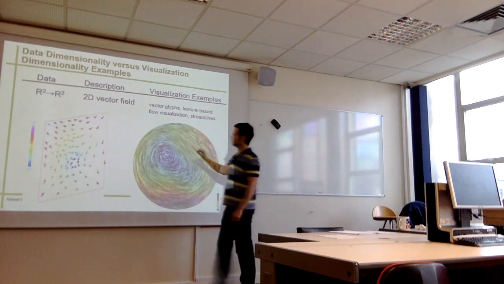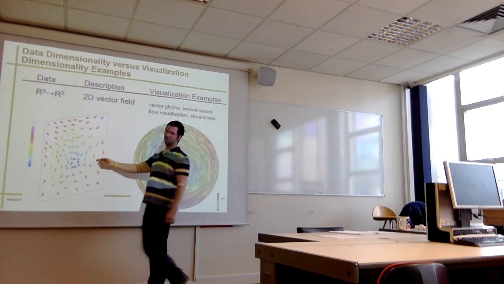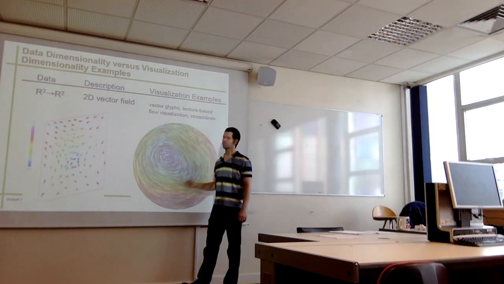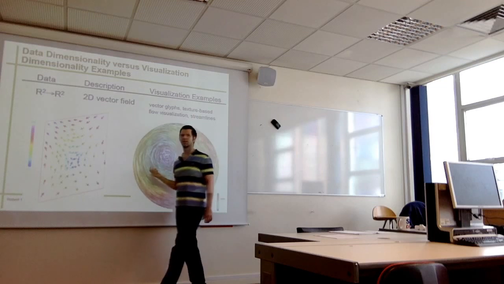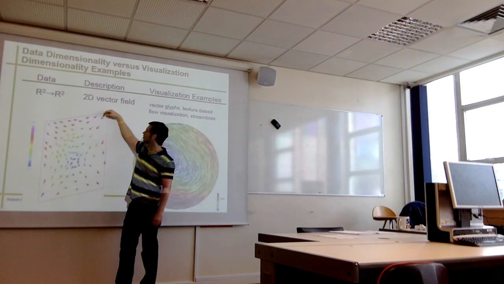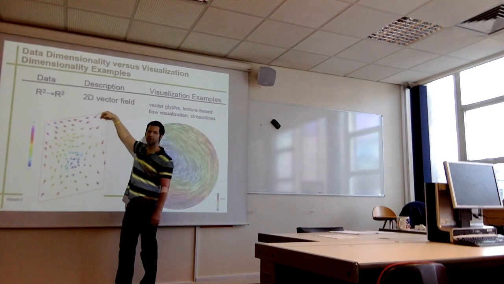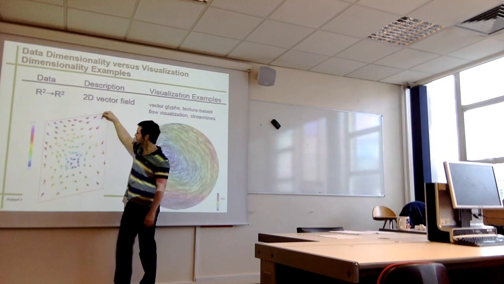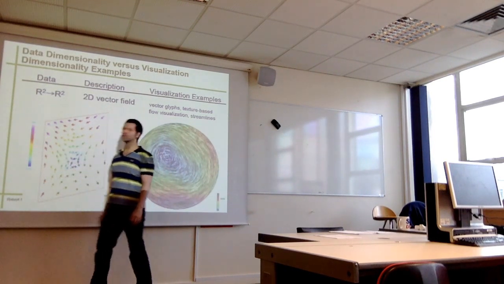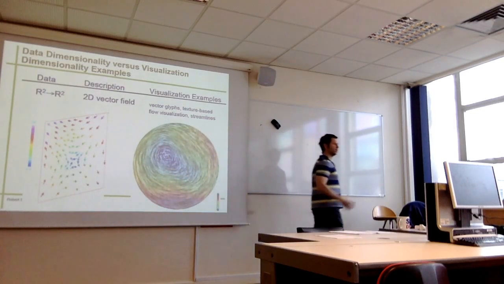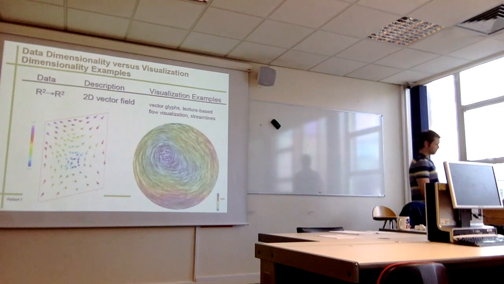It's because you could say that these glyphs are three-dimensional, and this texture is three-dimensional because there's color. So I'm mapping two-dimensional data to a three-dimensional visualization. These glyphs have a two-dimensional direction, but they also have color, which is a third dimension, actually. But hopefully you get the idea.